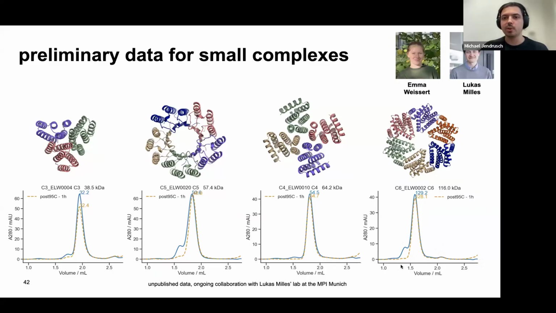So these complexes seem to be very stable. Further down the line, we hope to get actual crystal structure validation for some of these. But for now, those are the first experimental results from this collaboration.